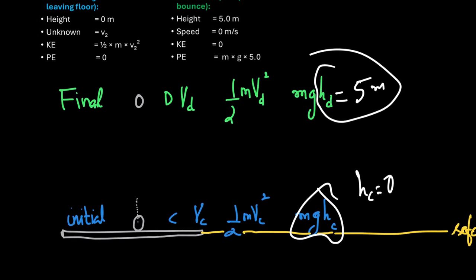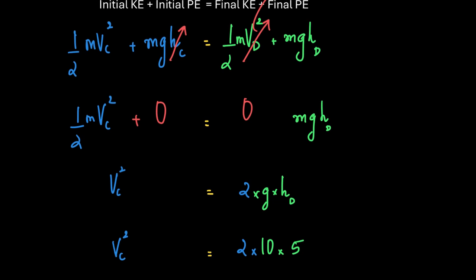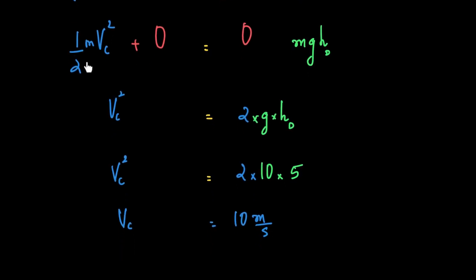As we discussed earlier, the ball is dropped from 10 meters, it hits the floor, bounces back and reaches the maximum height. At that height, it stays there for a moment and then comes back. At that moment, it is at rest, which gives us half mVC squared is equal to m into g into HD.